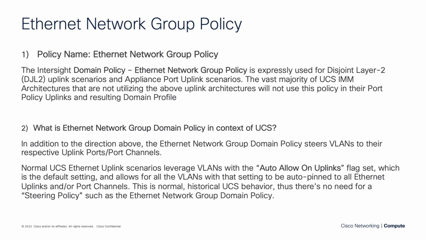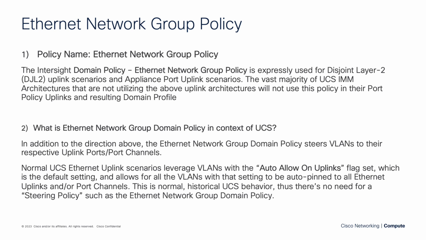It's not obvious, I understand that, but it's only used in a disjoint layer 2 scenario, in an uplink scenario for disjoint layer 2, or appliance port uplink scenarios, which are corner cases for the majority of the UCS install base out there. If you're not doing those types of architectures, then you're not going to use this policy as a domain policy.